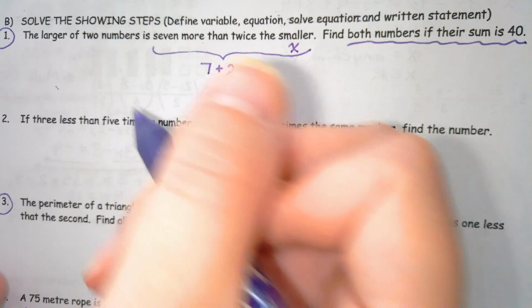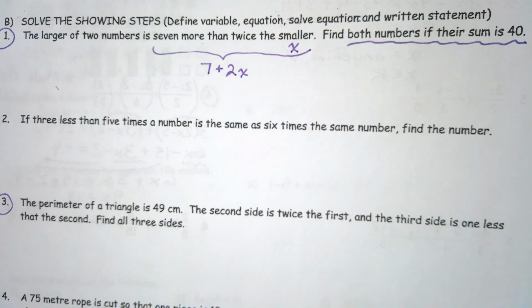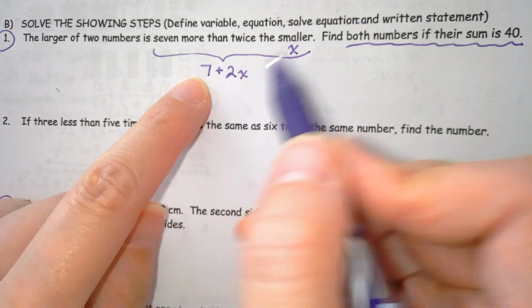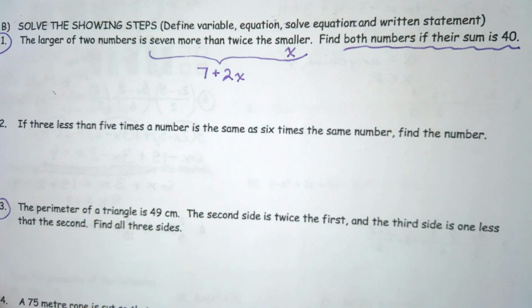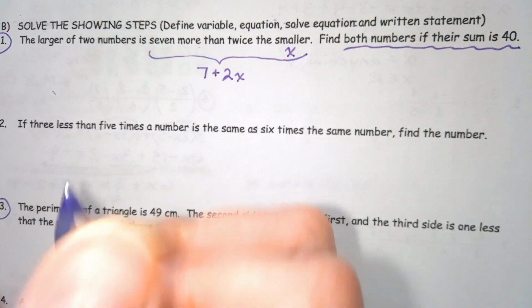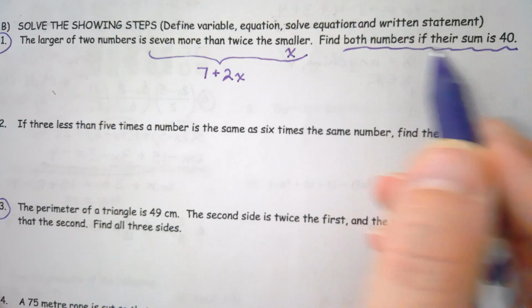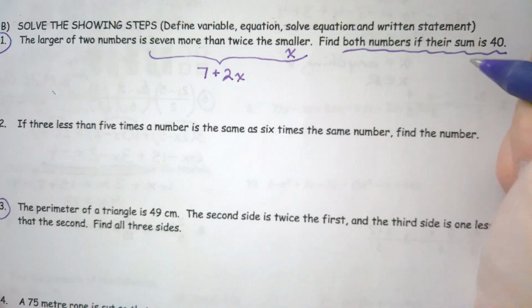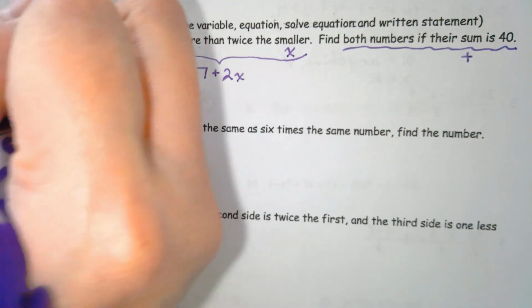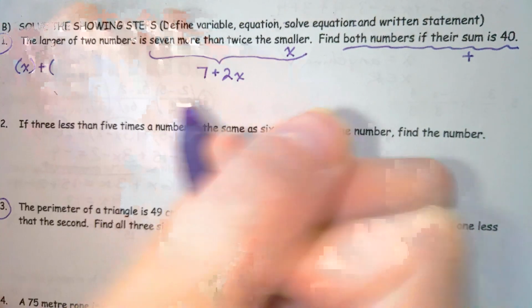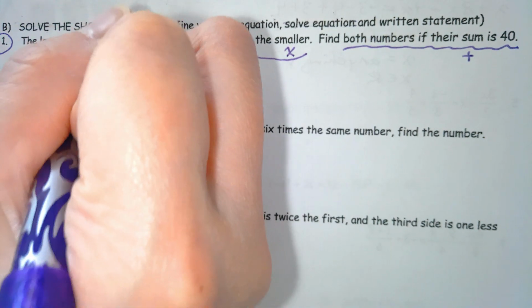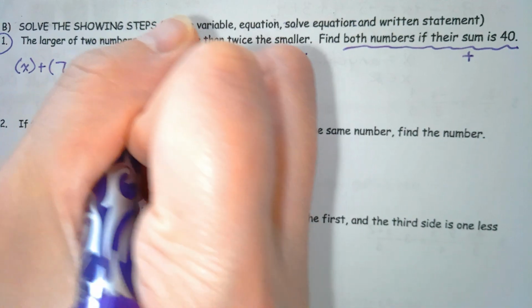So can you put that together then? This is the big number, this is the small number. When you add it, it equals 40. Okay, William. Yeah, but sum means what? So it's basically x plus 7 plus 2x equals 40.